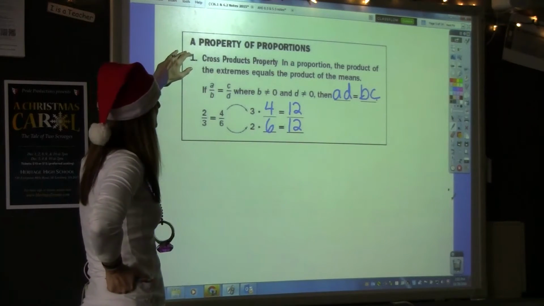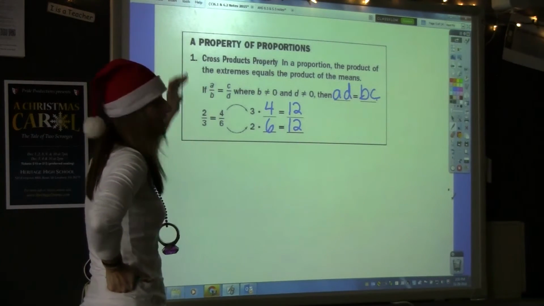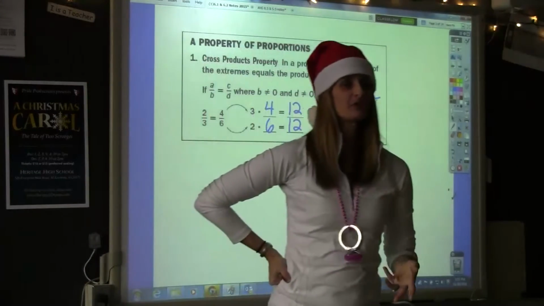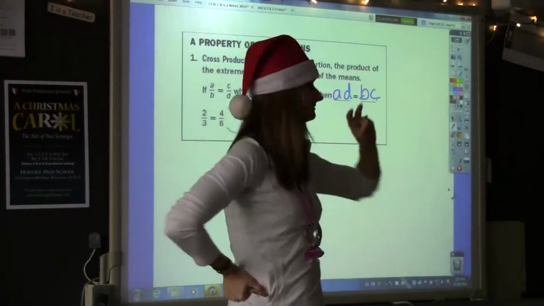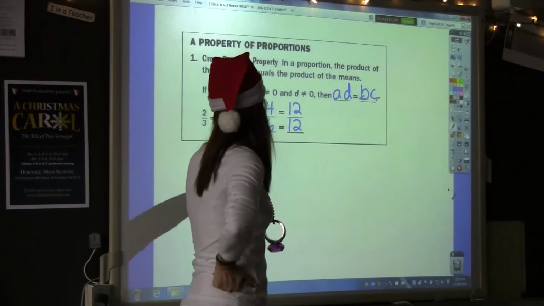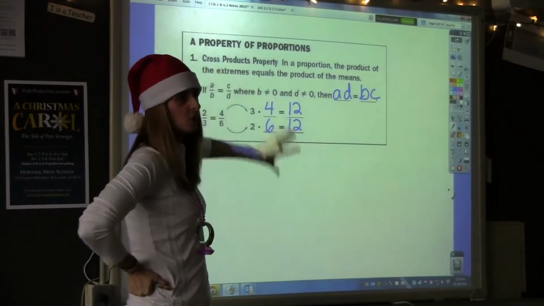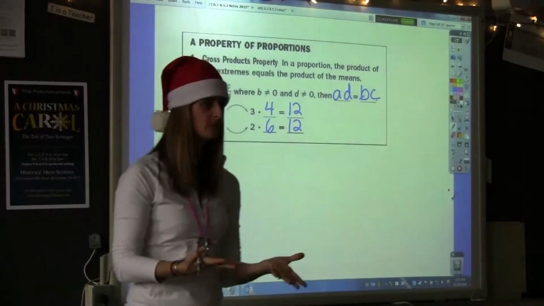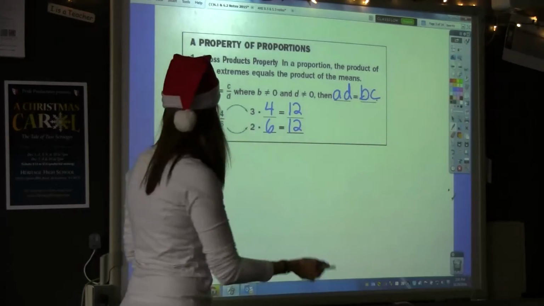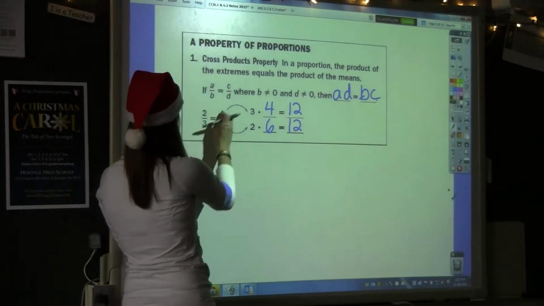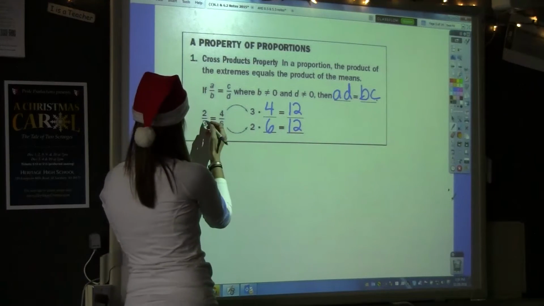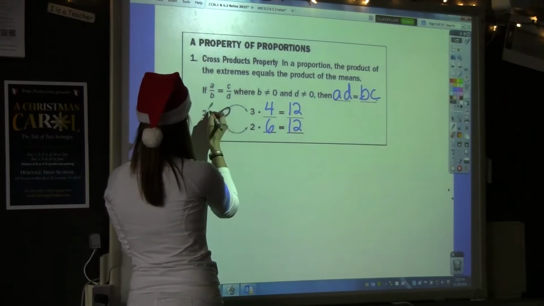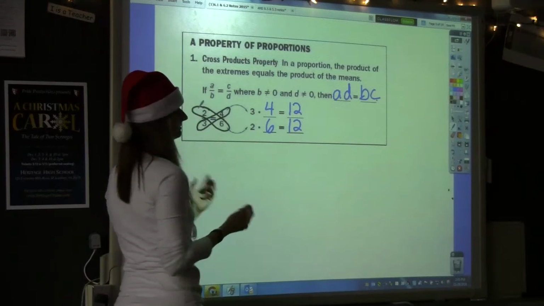Okay. So now we're moving from ratios into proportions. And just to review, the cross products property. Most of you guys, when you come into geometry, can remember how to cross multiply, which is fabulous. When you have 2 fractions that equal each other, when you multiply the means by the extremes, they should be equal.